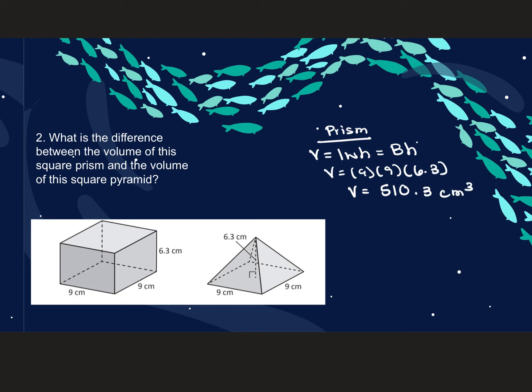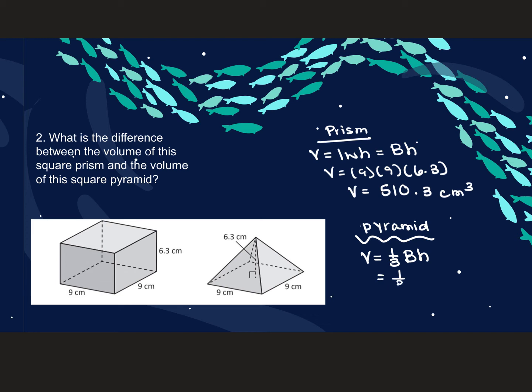All right, so now let's look at the pyramid. The formula is volume is equal to 1/3 times the area of the base times the height.